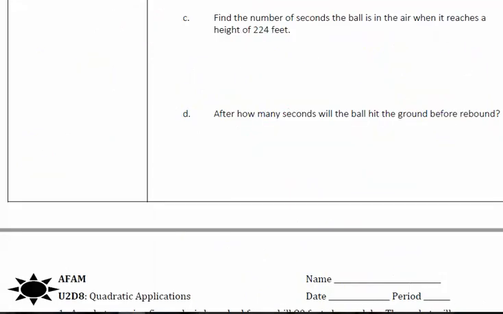Okay, so let's look at the last two problems. Find the number of seconds the ball is in the air when it reaches a height of 224. 144t minus 16t squared. 224 is not time, so I'm not going to plug it in for t. Instead, I'm going to set it equal to, because that tells me the height.